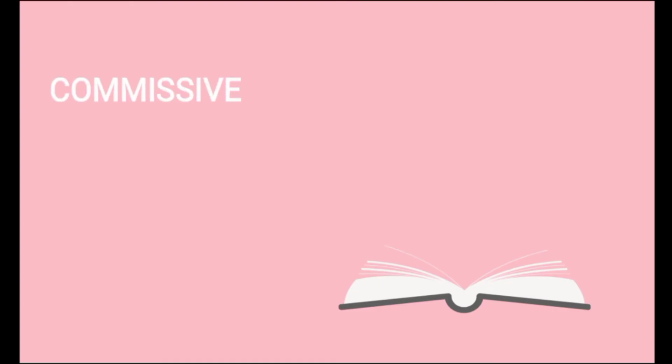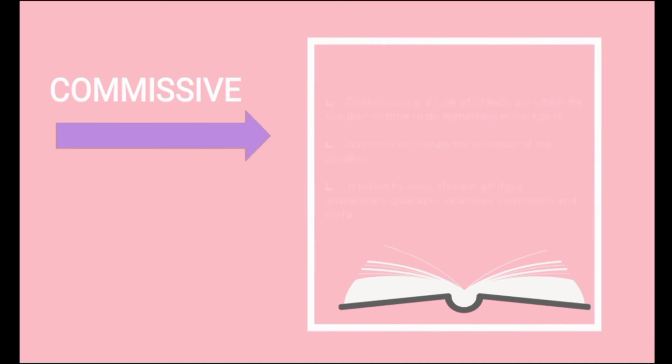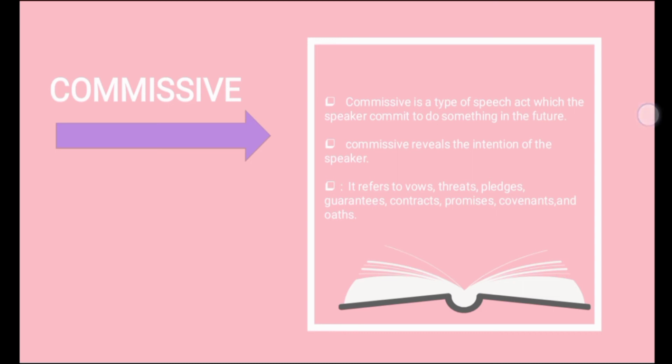Now, we move to the explanation about the commissive. Commissive is a type of speech act in which the speaker commits to do something in the future. Commissive refers to the intention of the speaker. Commissive refers to vows, threats, pledges, guarantees, contracts, promises, covenants, and oaths.